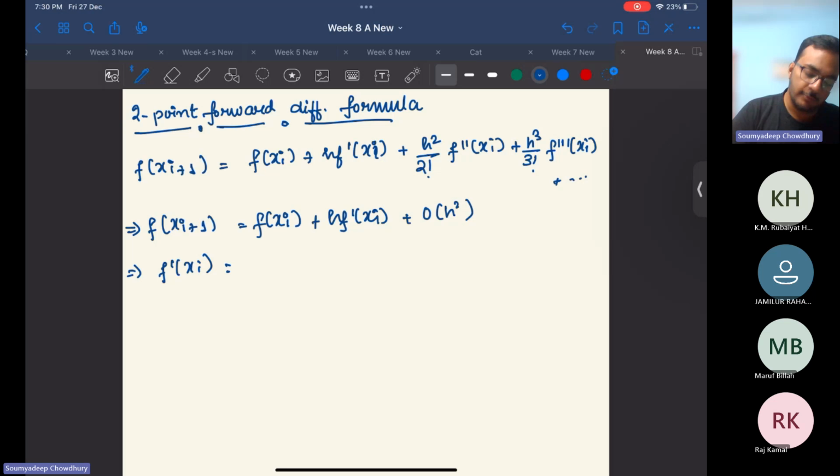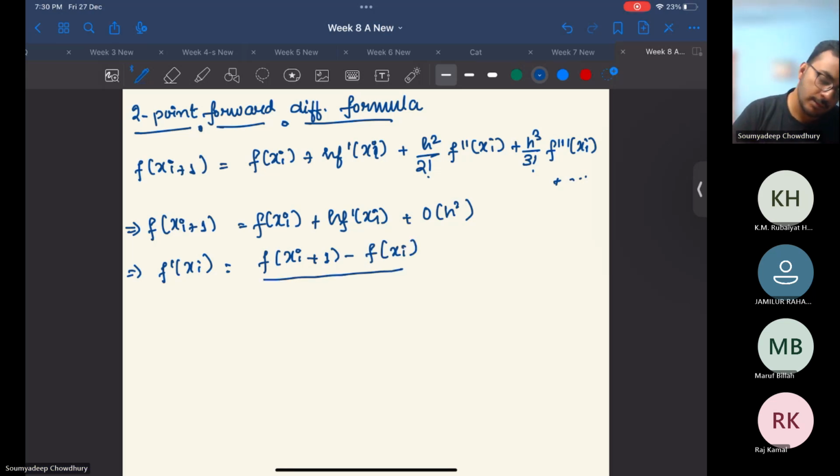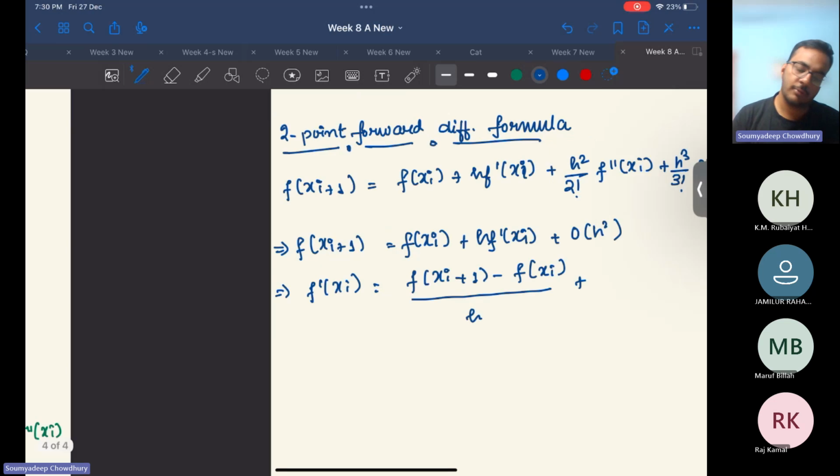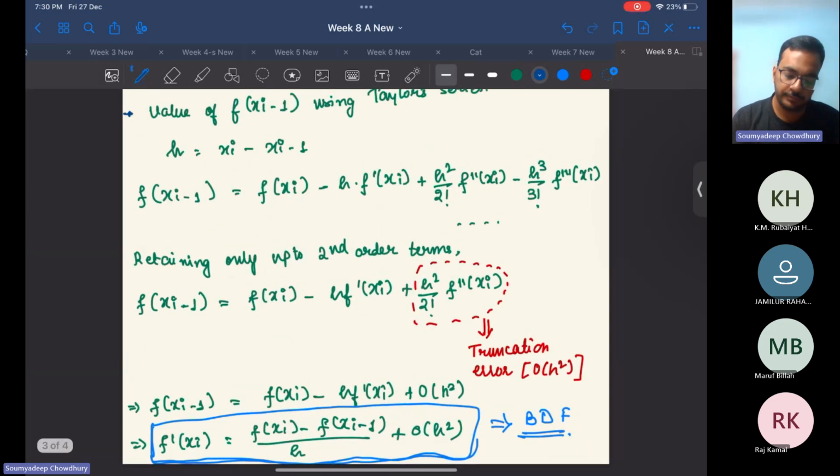If you want to find out f dash xi from here, it is basically f of xi plus 1 minus f of xi on h. So here one thing I missed. When we are finding out f dash xi here, the h term is there, right? h into f dash xi. So when we divide throughout by h, our error will also get divided by h.